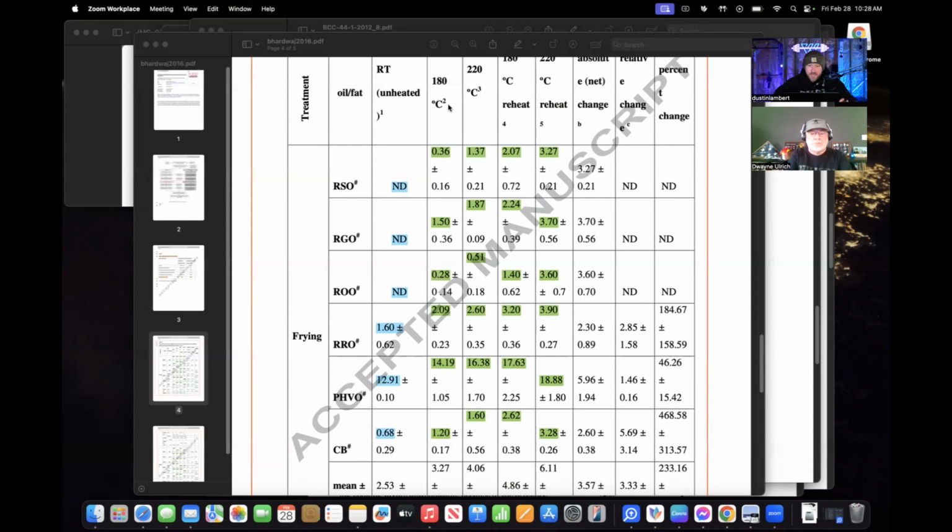The initial heating to 180 Celsius or to 220 didn't tend to produce high levels of trans fatty acids. But once we get to the reheating part, we see the trans fatty acid content jump up pretty significantly. Most notably here in the partially hydrogenated vegetable oil, from unheated, we go from 13 to reheated up to 220, we go to about 19 grams per 100 grams.